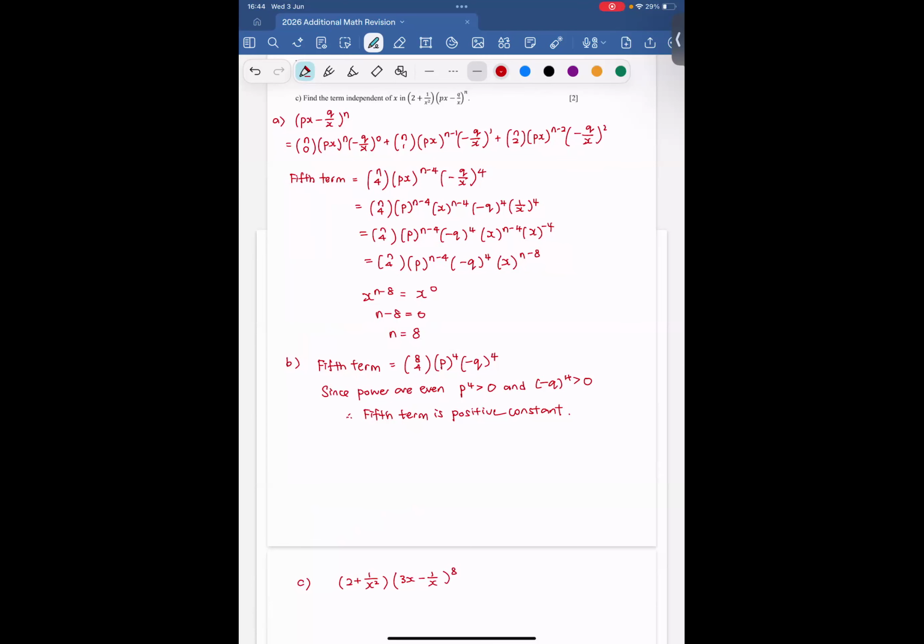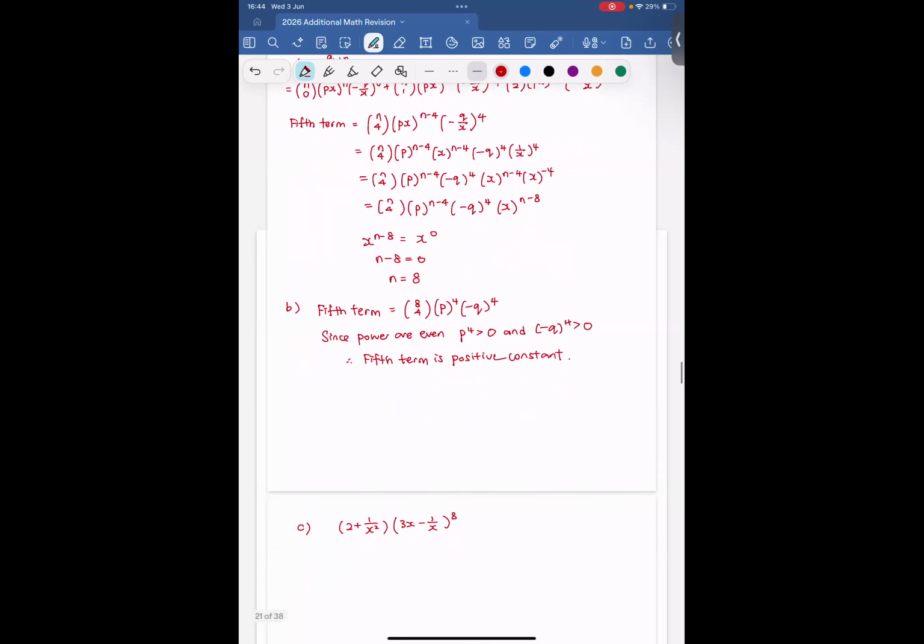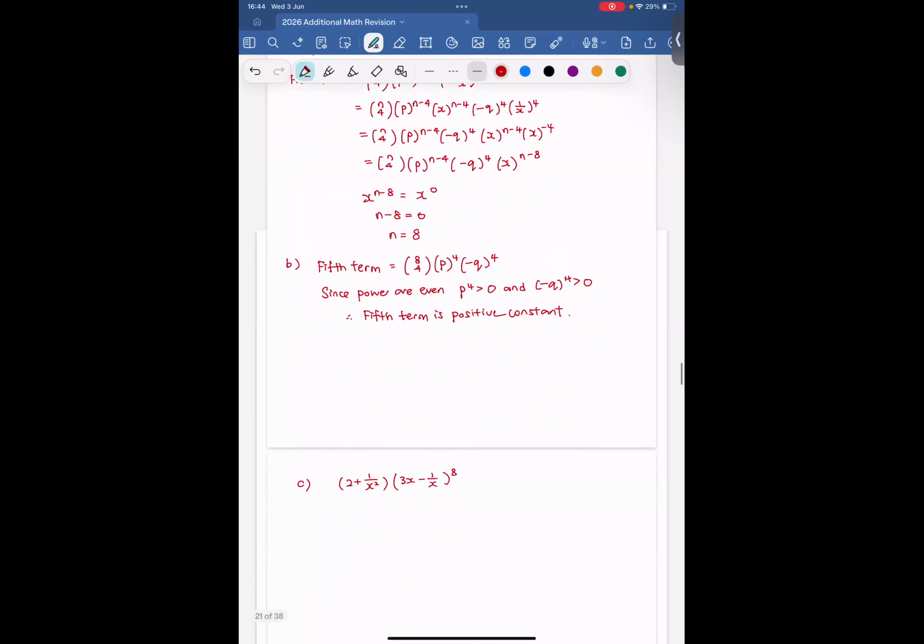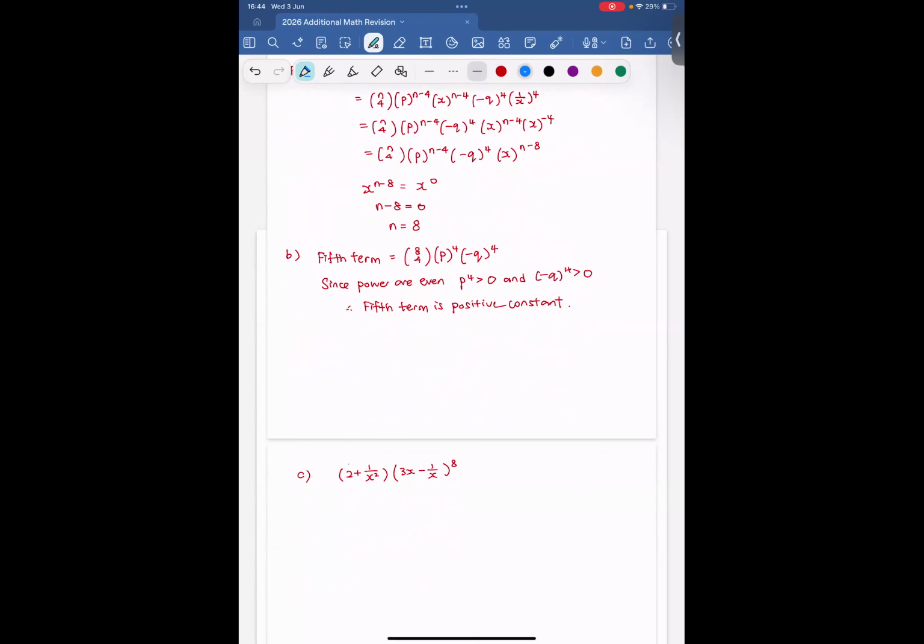Okay, so we want the independent term. So what we need to know first is, what times this will give me the independent term. So we want the x power 0 inside here. And what times this gives me the independent term? x squared. So we need to find the x power 0 term and the x squared term.